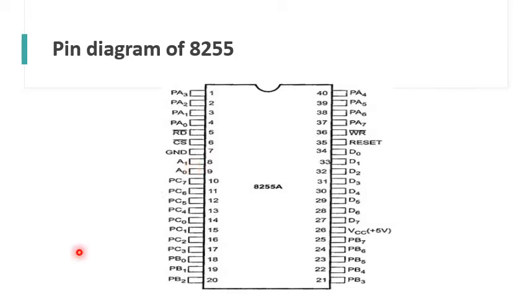I will repeat it. If this A1 and A0 pin is 00, then port A is being selected.